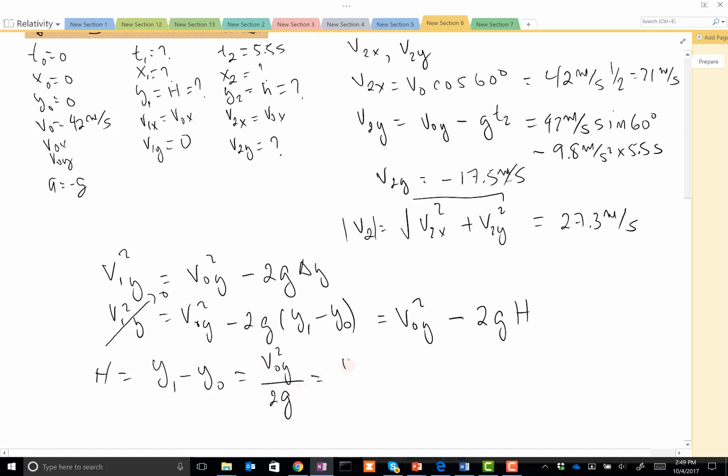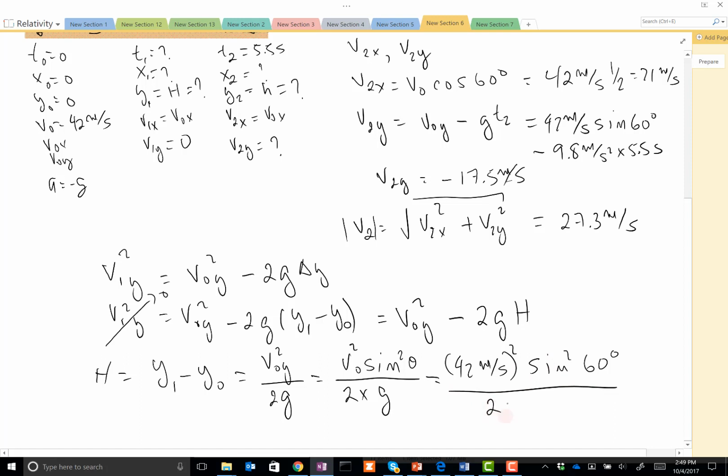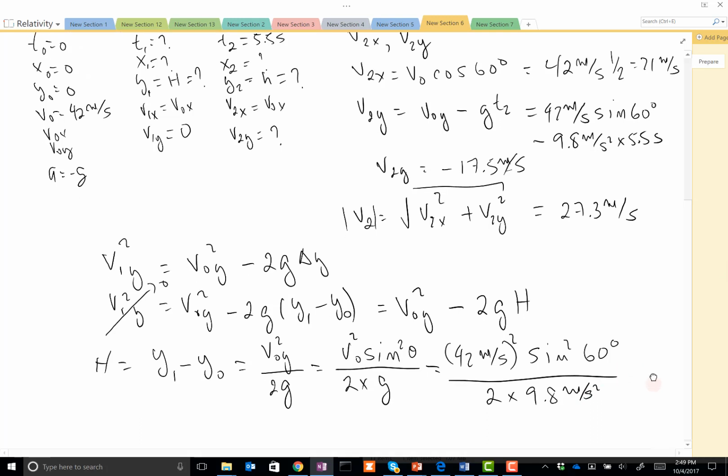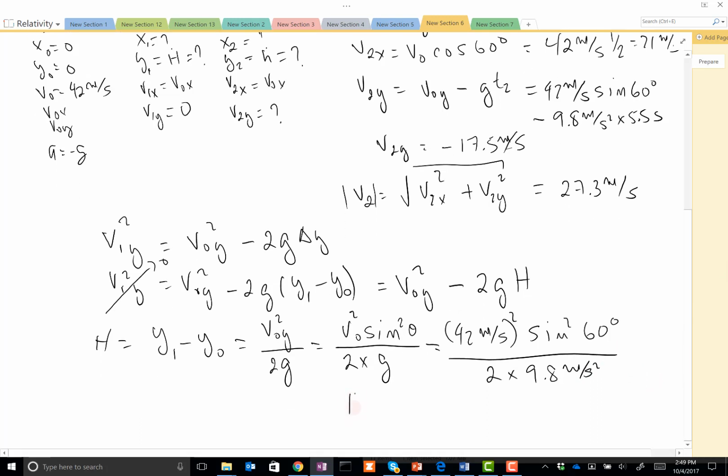So this is equal to v0 sine of theta, squared, divided by 2 times g. This is then 42 meters per second squared times the sine squared of 60 degrees divided by 2 times 9.8 meters per second squared. Now I can solve for h, and h is equal to 67.5 meters. And that's my answer.